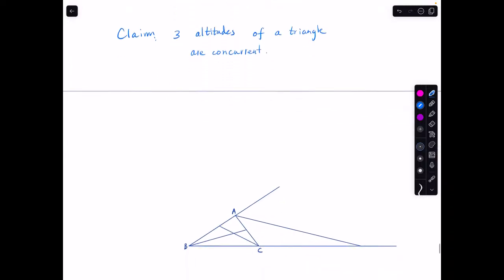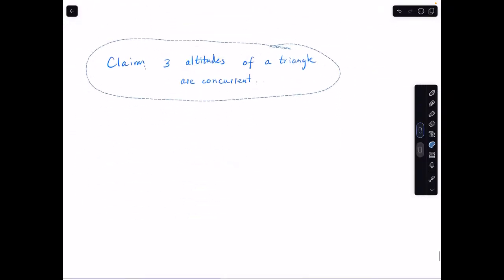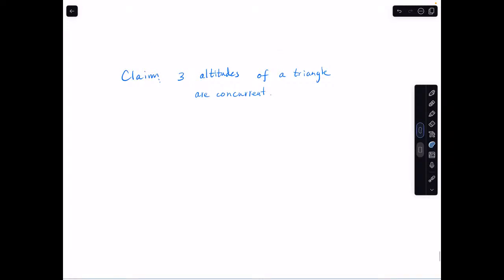Let's move down a little bit and draw it here. I have a triangle. An altitude is going to be the perpendicular line here.